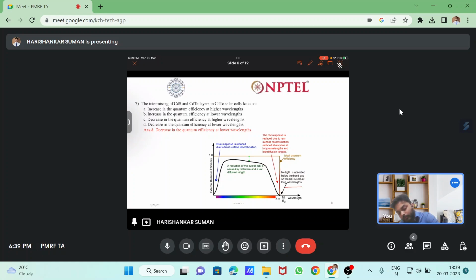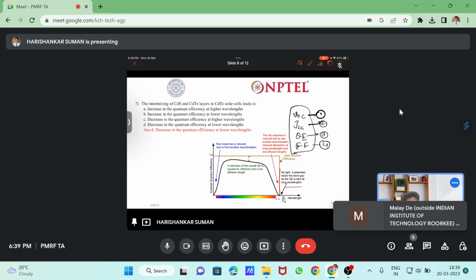A solar cell has four characteristics: VOC, JSC, quantum efficiency, and fill factor.